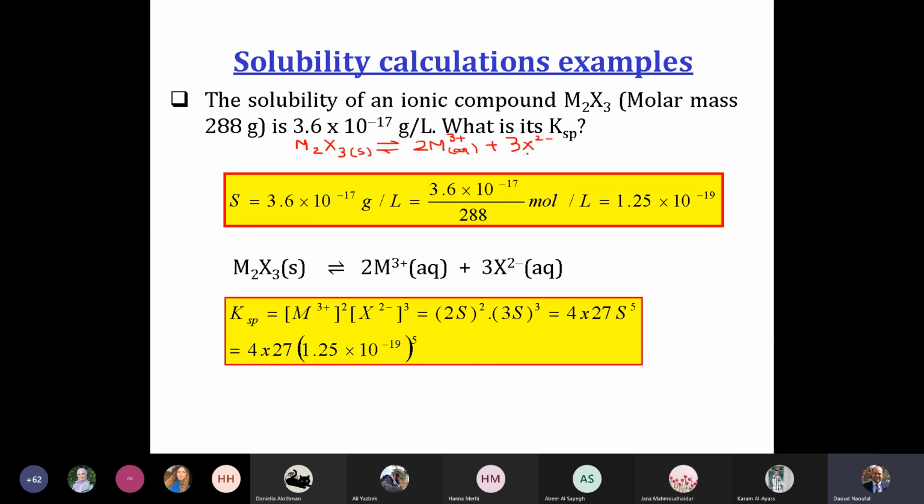Suppose that the ions are given this way, so you put directly 2s and here you put 3s. This is step 1.